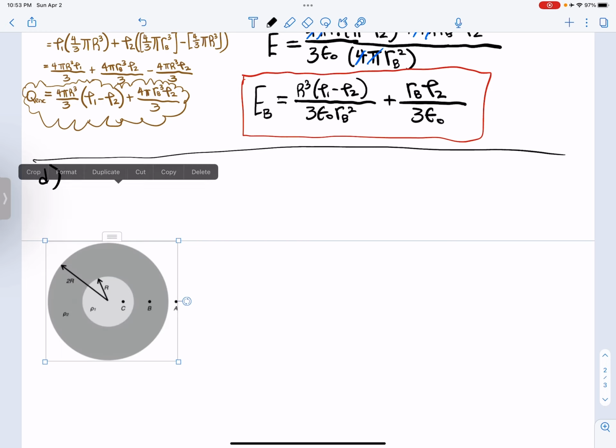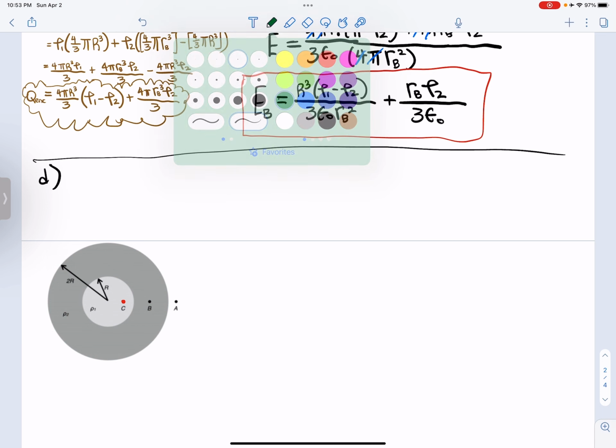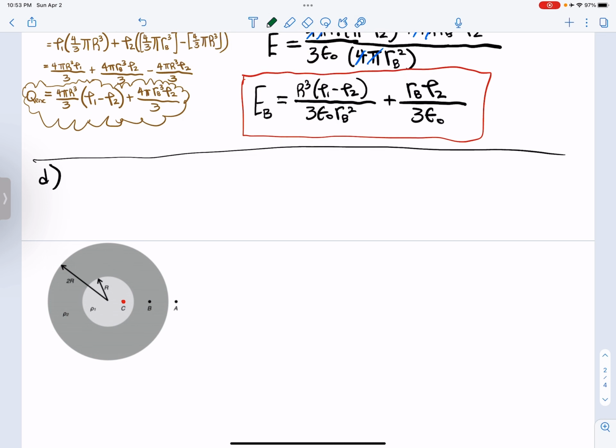Okay. So for part D, I want to find what is the electric field at point C, right here. And they said that that is a distance that they're calling RC from the center of the ball. So this is a distance RC.